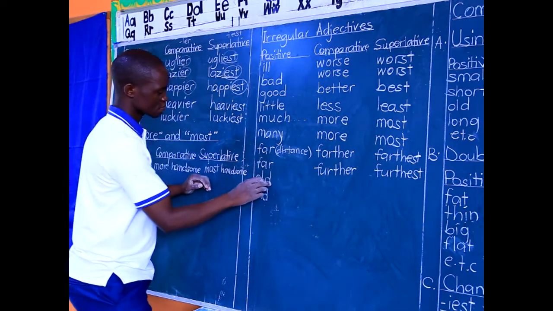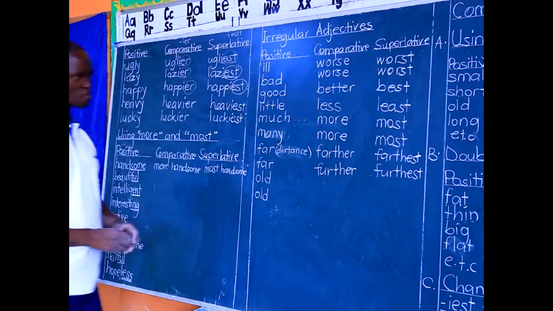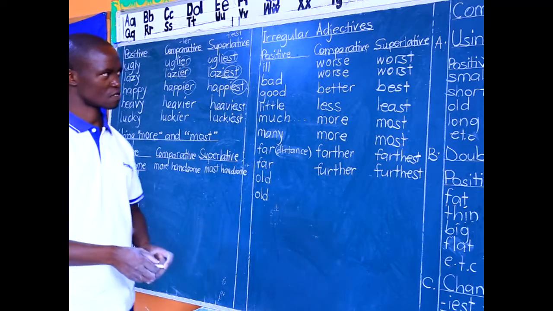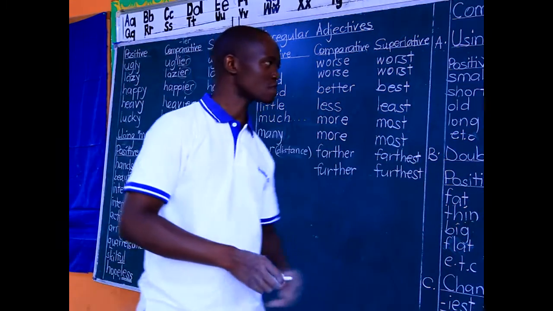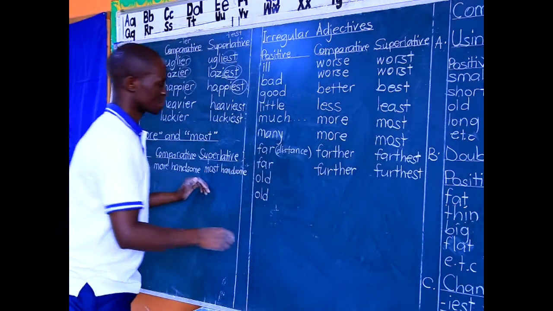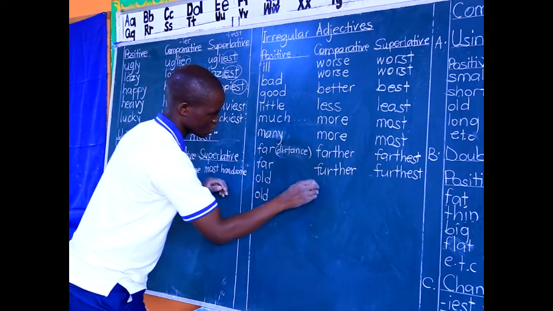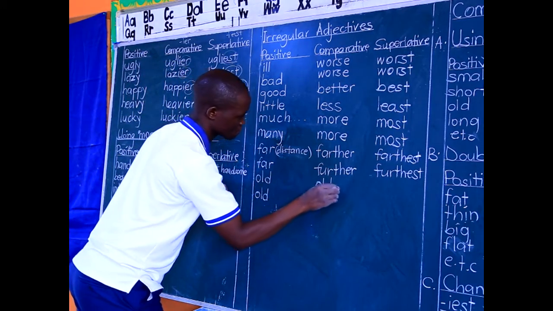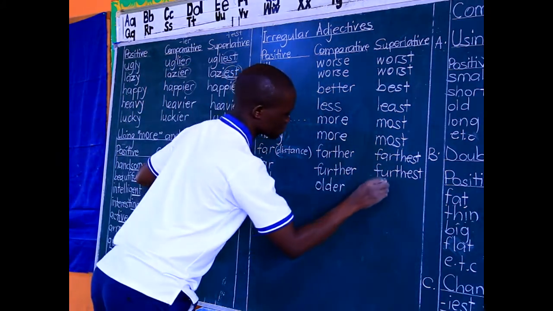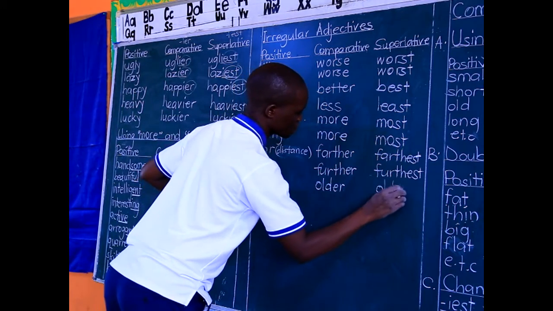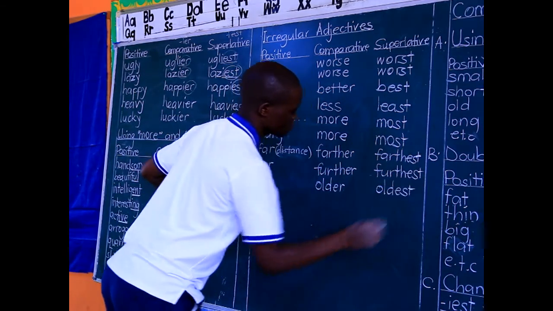We have old, changing to. We had written something about old, and that is in the first category. That is older and oldest. Okay, let's talk about it as well here. Older, changing to oldest in the superlative. Why am I repeating it? I'm going to tell you.